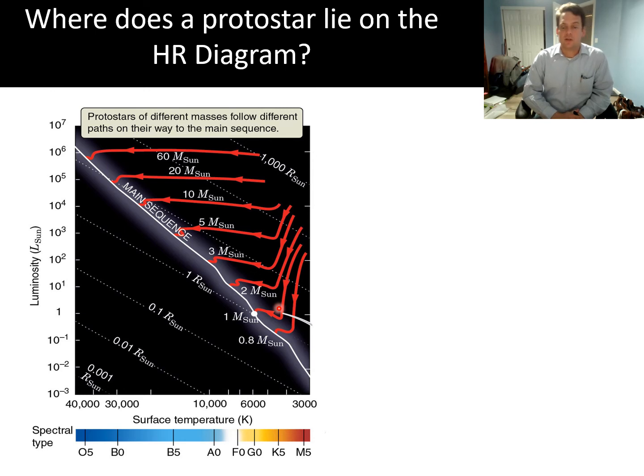And so you might want to think about that for a little bit, why that would be. But essentially, it's just because it's heating up as it gets smaller, right? So as it heats up, all other things being equal, the luminosity will go up, right? Because hotter things with higher temperatures give off more light, according to the Stefan-Boltzmann law, right?